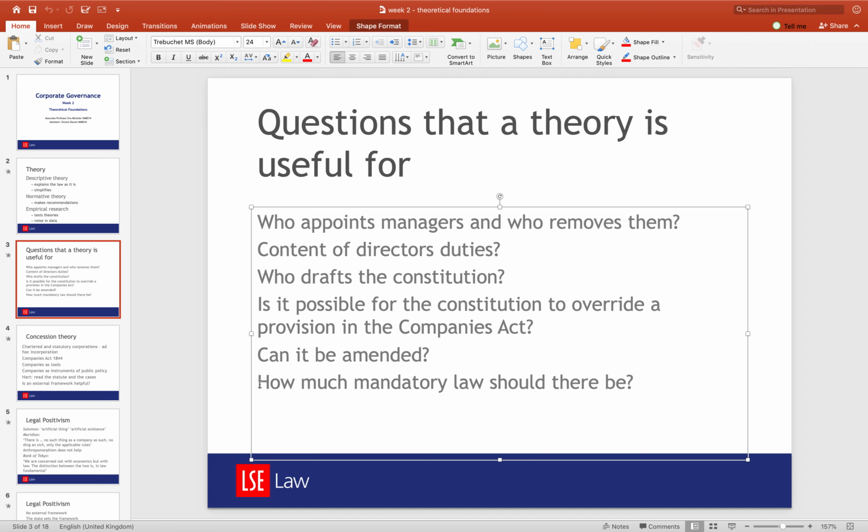So if you say company law is basically for shareholders, a mechanism for shareholders to maximize their wealth, then you arrive at the conclusion they obviously draft the Constitution. They can override the Companies Act. It can be amended by them, and there should be very little mandatory law.